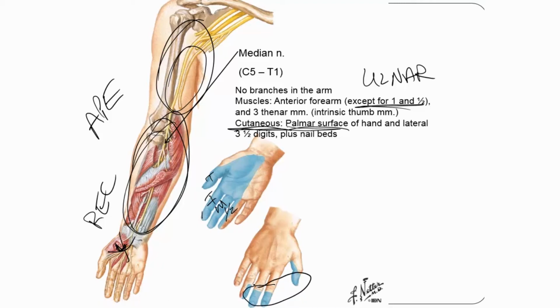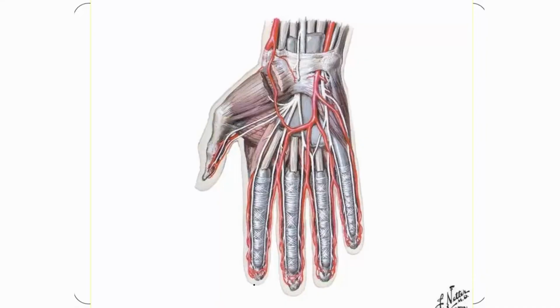So the palmar side, lateral 3.5, and also branches that go around and get the nail beds of the dorsal side, lateral 3.5. So that's what we see there, the 3.5 plus the nail beds.